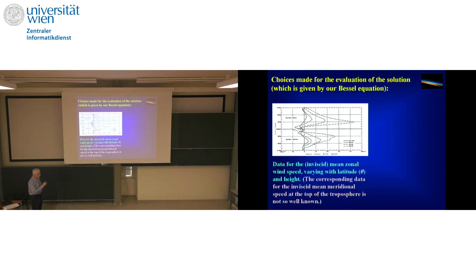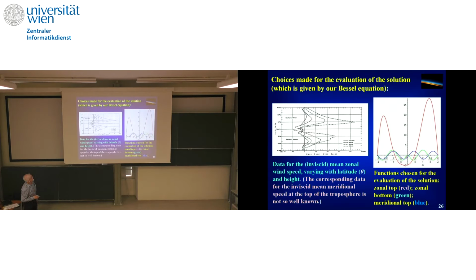The data for the top of the troposphere in terms of the meridional speed is not so well known, but we can have a stab at what that ought to look like. But you can choose anything you want to and plug it in and see. Remember these functions of theta, you just choose them and plug them into the solution that I've already written out explicitly.